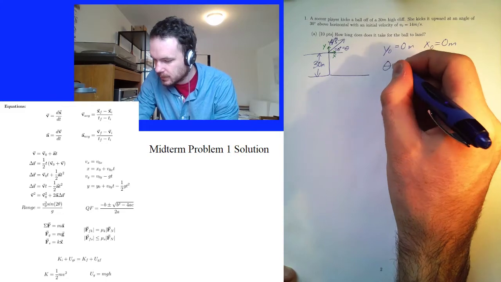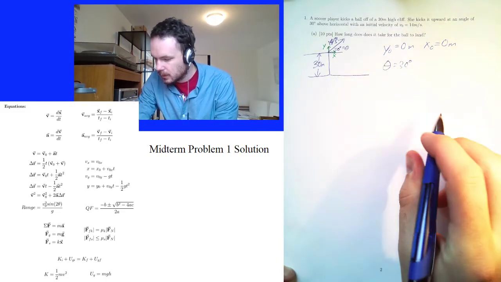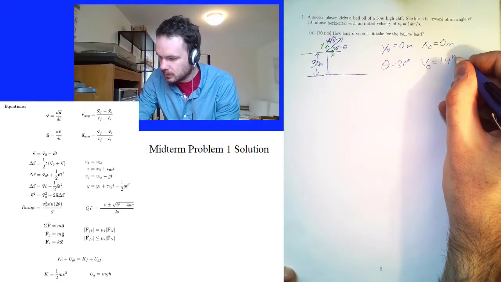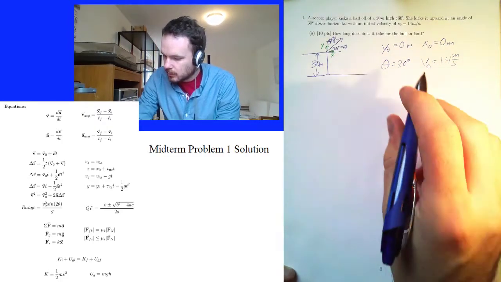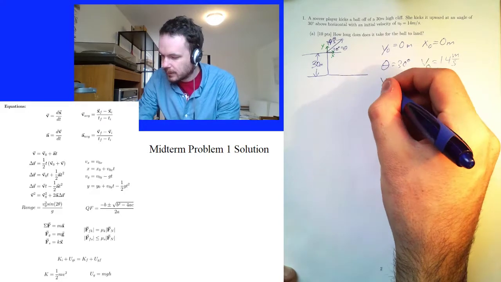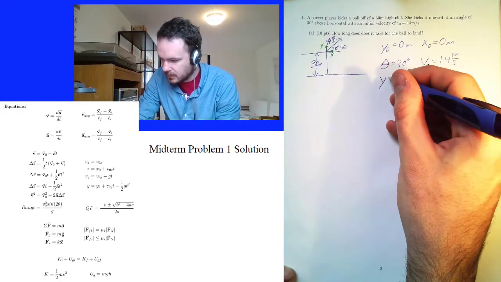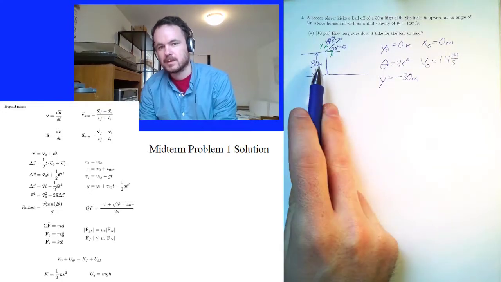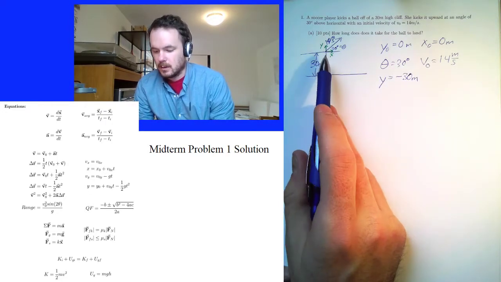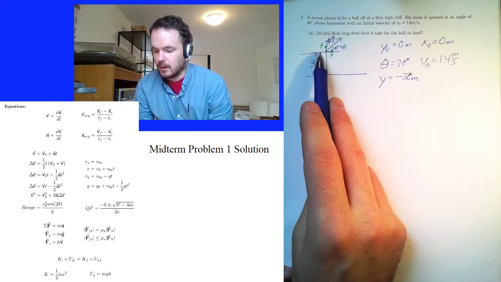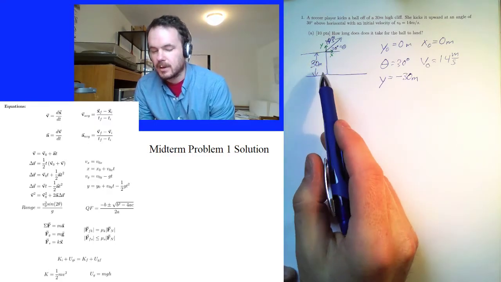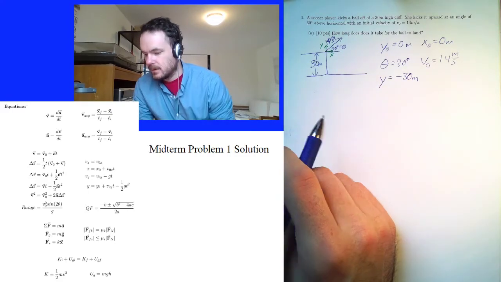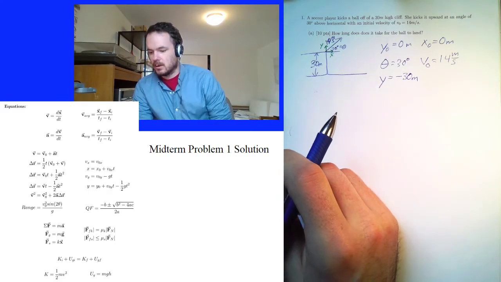So my theta is 30 degrees. My v0 is 14 meters per second. And my y final, just y, is going to be negative 30 meters. So with this coordinate system, if my y0 is 0, then the ball is going to go down 30 meters by the end. So that'll be my y final here. And I think that's all the information that we know initially.